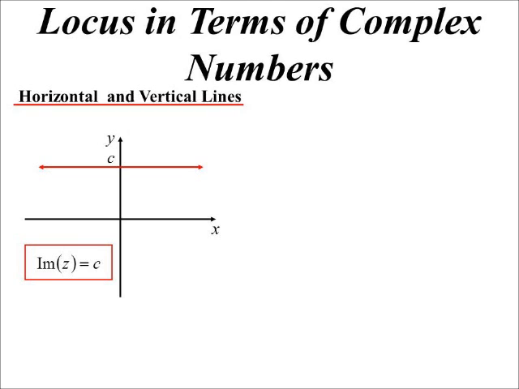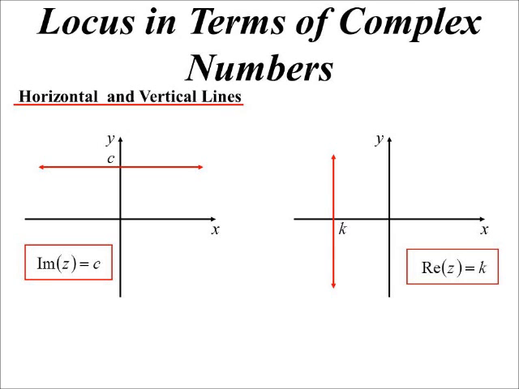But now when we talk about complex numbers, I say, oh, well, that's the line that represents the imaginary part of z is equal to c. So that's all the numbers whose imaginary part is c. And a vertical line, well, that would be all the numbers that have a real part, I should say, of k.